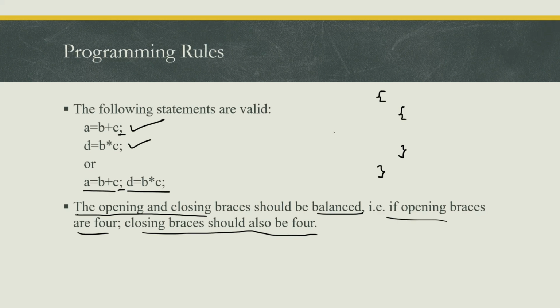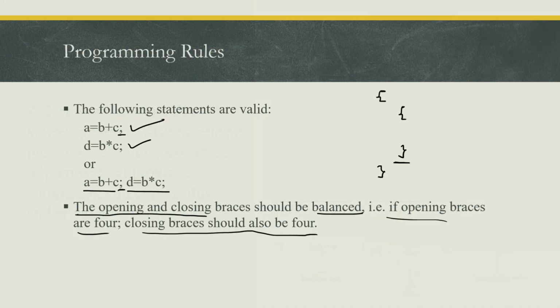You have to keep that in mind. Programmers often make mistakes here, and when they compile the program, the compiler will identify the error. This type of error is known as a syntax error.